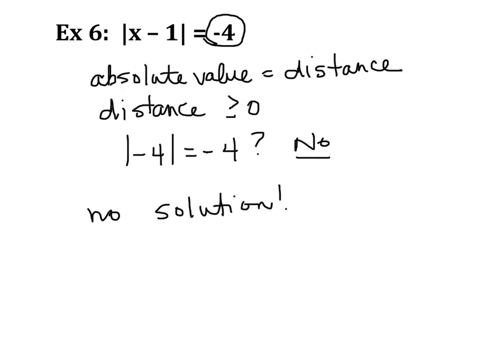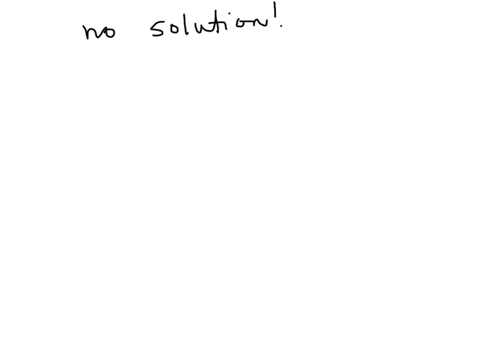So let's wrap this up a little bit. We learned how to solve these equations, but we also learned another thing. If your absolute value, we'll just say x, is greater than 0, you're going to have two answers or two solutions.